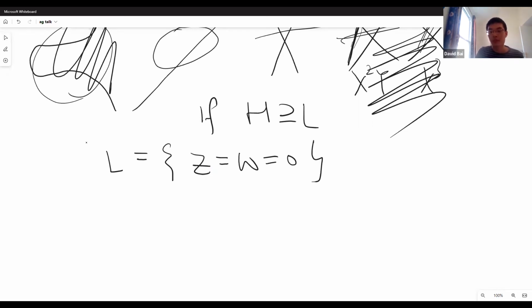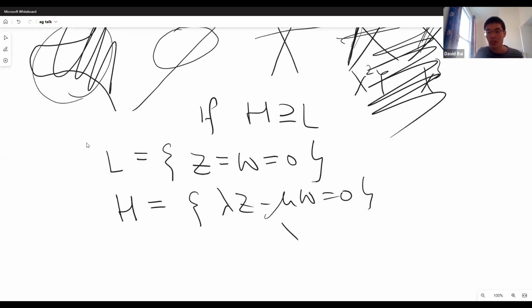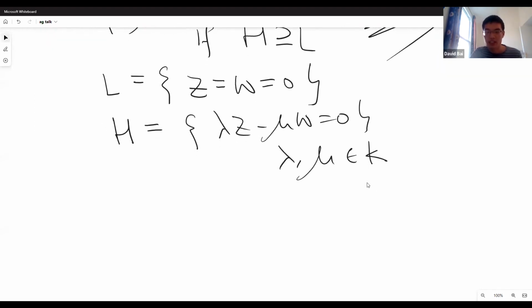So if this were true, then H would have to have the form lambda z minus mu w equals 0, where lambda and mu are in my field K. They are allowed to be 0, but not both 0. All right. And we want to calculate the intersection. The first thing we're going to do is to calculate what H actually is.